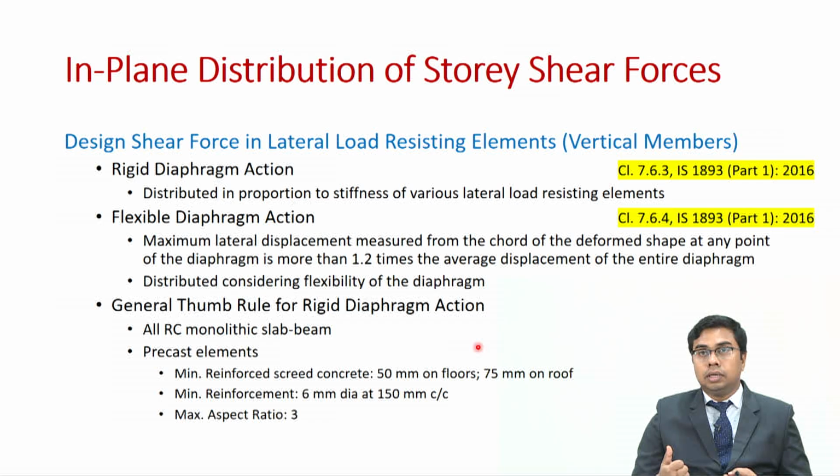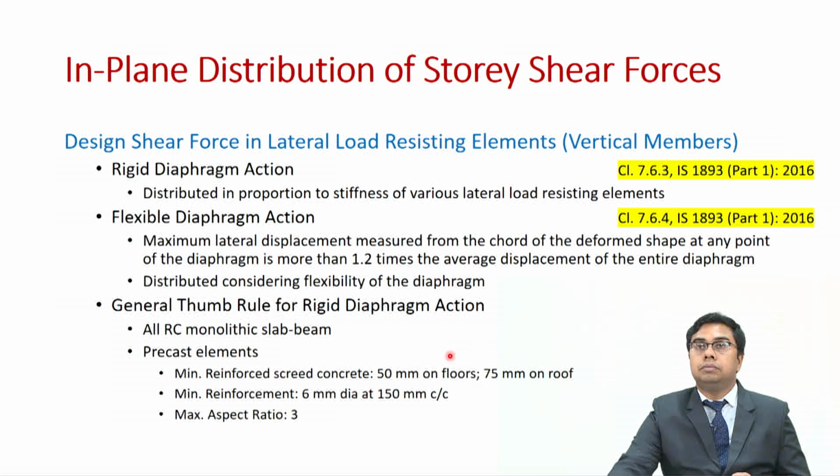If your slab is not able to provide rigid diaphragm action, that is, the diaphragm action is flexible, then in that case it is distributed considering flexibility of the diaphragm.